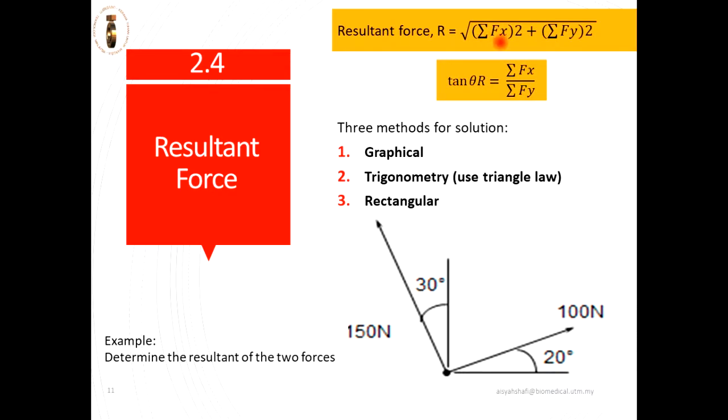The resultant force is the square root of the total of Fx squared plus the total of Fy squared.